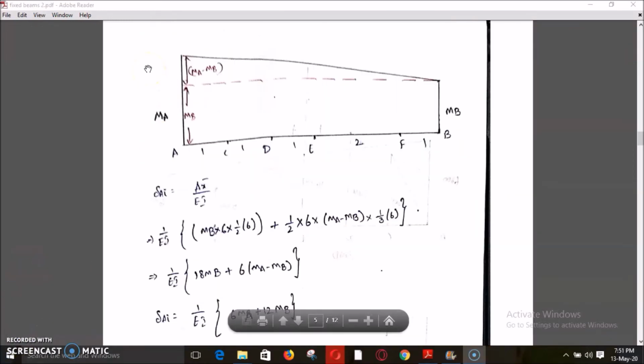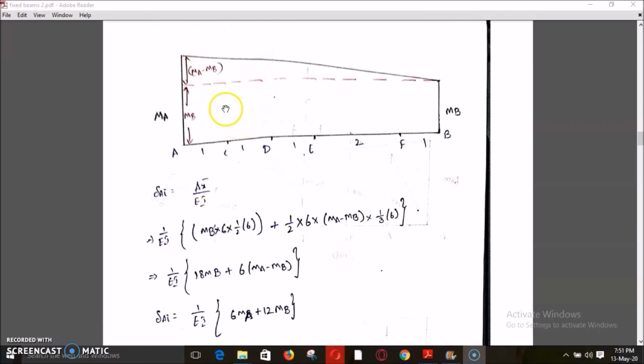Coming to the fixed case, this is the bending moment diagram of the fixed beam. So I divided it into a rectangle of length 6 and breadth MB, and the remaining height, that is MA minus MB, is the height of a triangle, and this length is the same as the rectangle, that is 6.